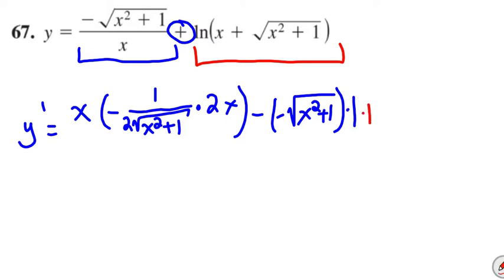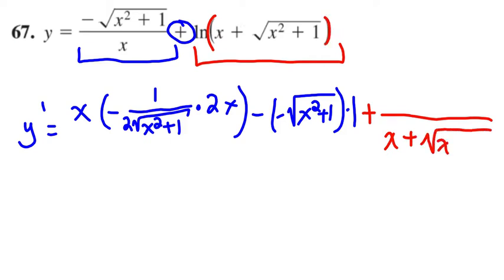And then we have plus the derivative of the red function, the function that I have written in red there. The derivative of ln is just 1 over that, so it's going to be 1 over x plus the square root of x squared plus 1, since this is all in parentheses, all of this stuff goes on the denominator. And then the top is just the derivative of this.